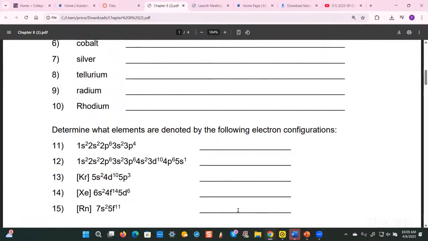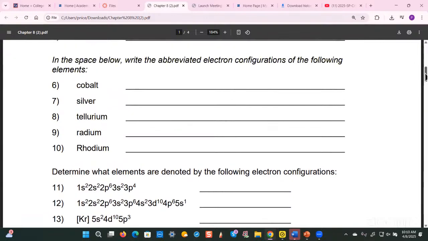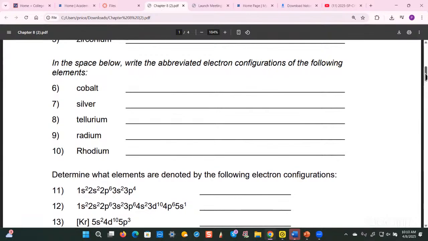Why are we going back so far? Which one are you talking about? For all the abbreviated ones, like when we just did cobalt, back to argon. Yes, because argon is the first group A element, the noble gas, that comes before cobalt. This is cobalt right here.